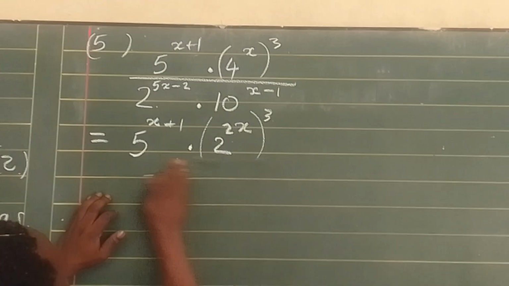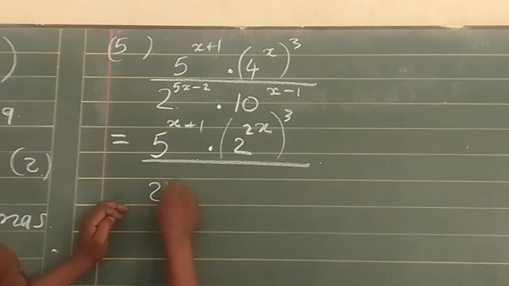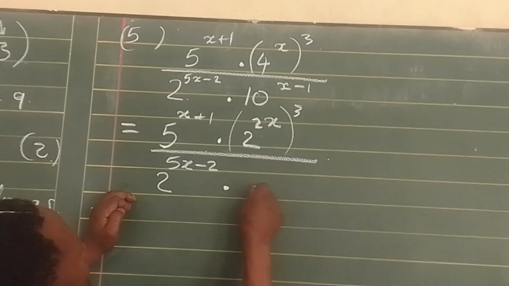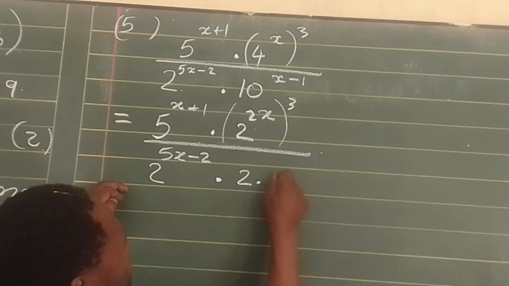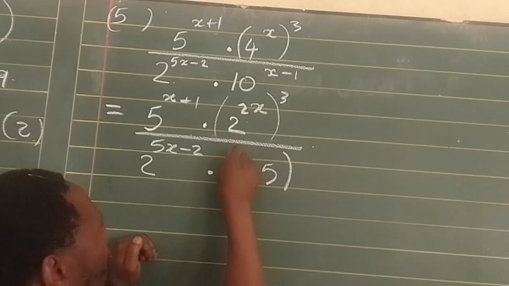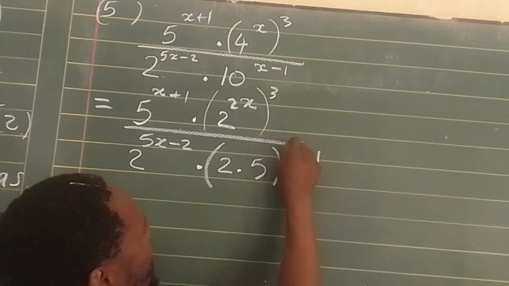You divide that by the same 2 to the power 5x minus 2 multiplied by 2 times 5. It's 10. This 10 was raised to the power of x minus 1.